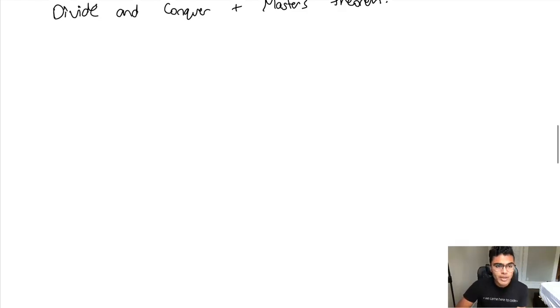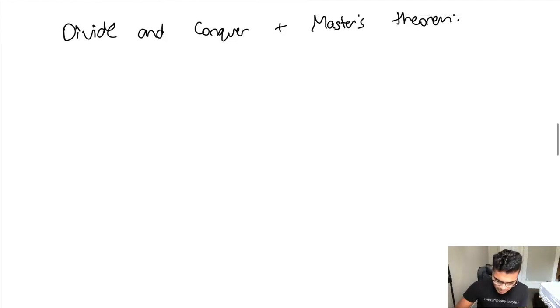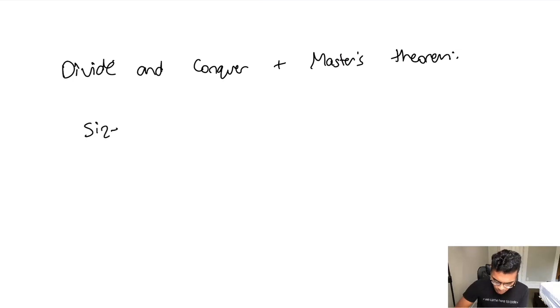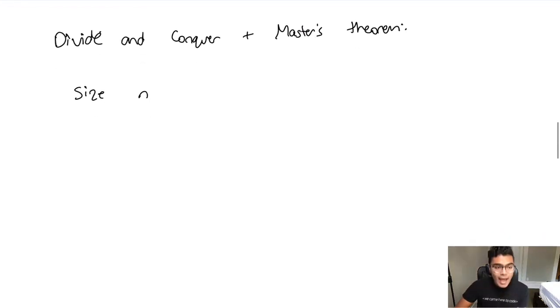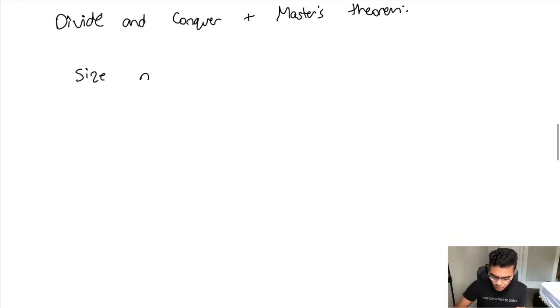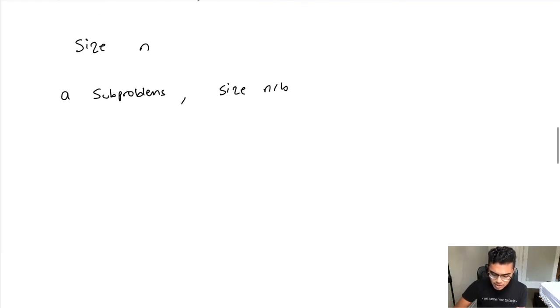So we'd say that we start off with a problem of size n, and at every single level of recursion, you're recursively solving a subproblems, and each one of these a subproblems has a size of n over b. So you're essentially starting off at one single point, for example, our size n node.